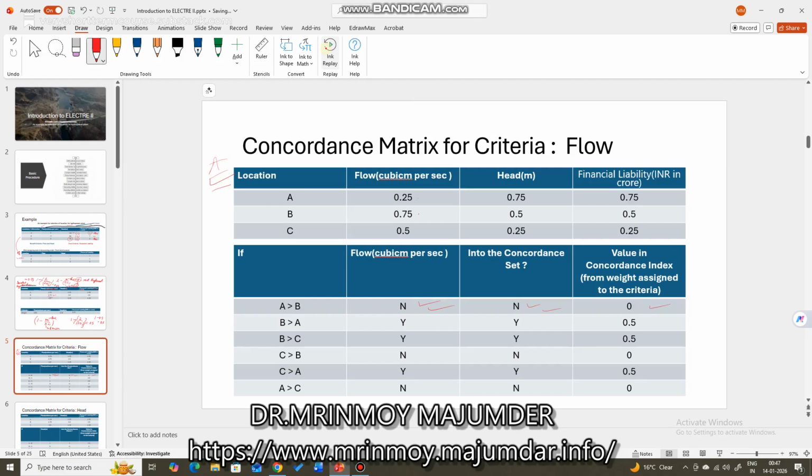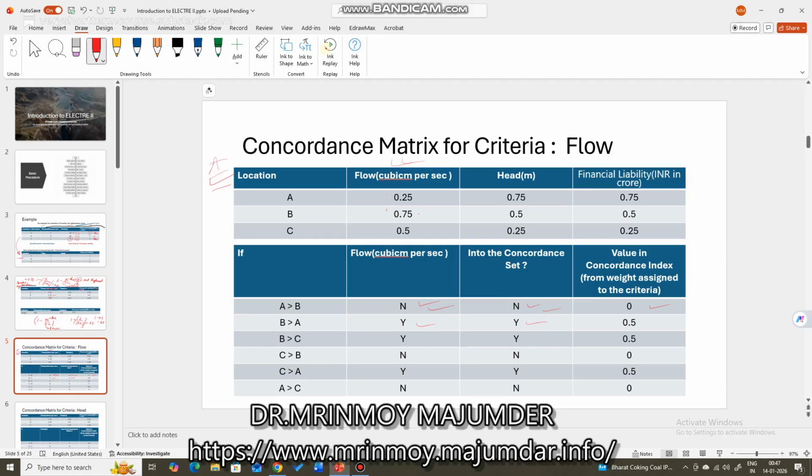But when I compare it reversely, is B greater than A? Yes, B is 0.75, A is 0.25. I am talking about this criterion flow. Then the answer to this question is yes, and certainly it will become a member of the concordance set, and the corresponding weightage of the criterion, that is flow, starts to constitute the concordance index.